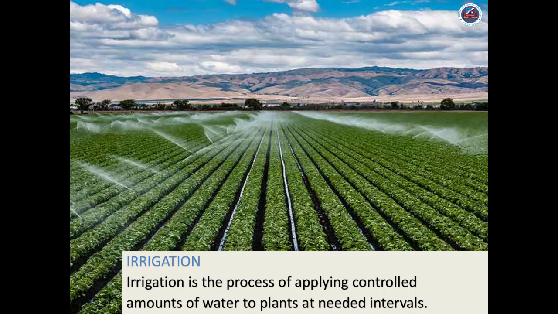What is irrigation? Irrigation is the process of supplying water to the land at regular intervals by means of canals and other artificial methods to enhance agricultural growth and maintain the landscape during periods of less average rainfall.